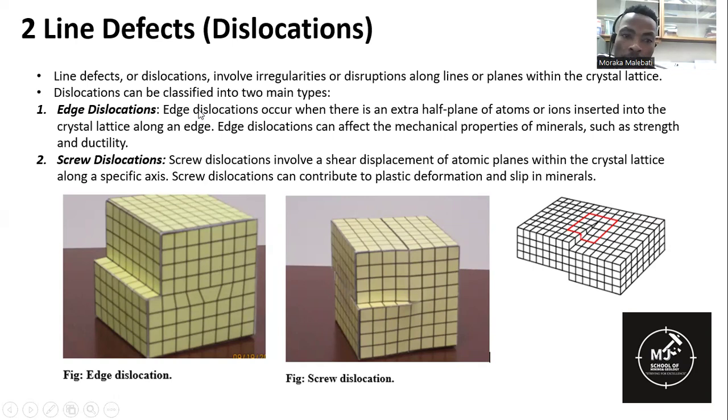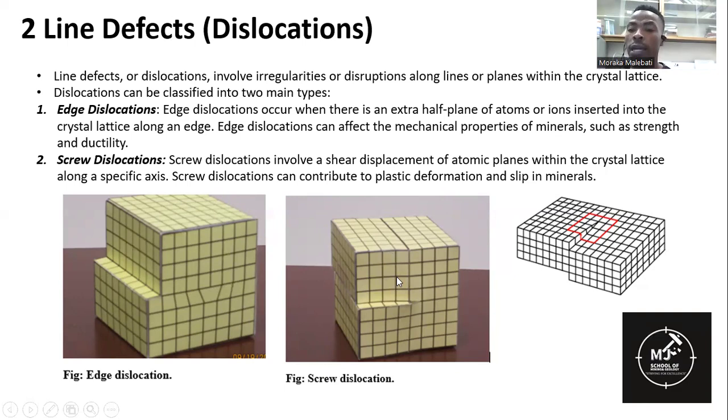Then now the edge dislocation occurs when there is an extra half plane of atoms or ions inserted into the crystal lattice along the edge. Okay, along the edge. Edge dislocation can affect the mechanical properties of minerals, such as strength and ductility. So can you now see that if you shear this along its screw axis, you are forming what you call the screw dislocation.